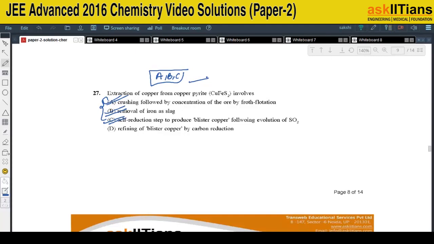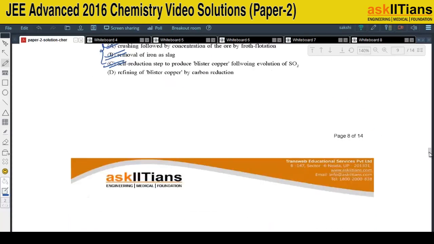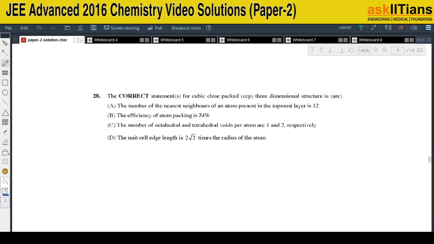Now having done with question number 27, let's start with question number 28 this time. Let me first make you read this question. This says that the correct statements for cubic close pack, CCP, 3-dimensional structure is or are. The options are: the number of nearest neighbors of an atom present in the topmost layer is 12.